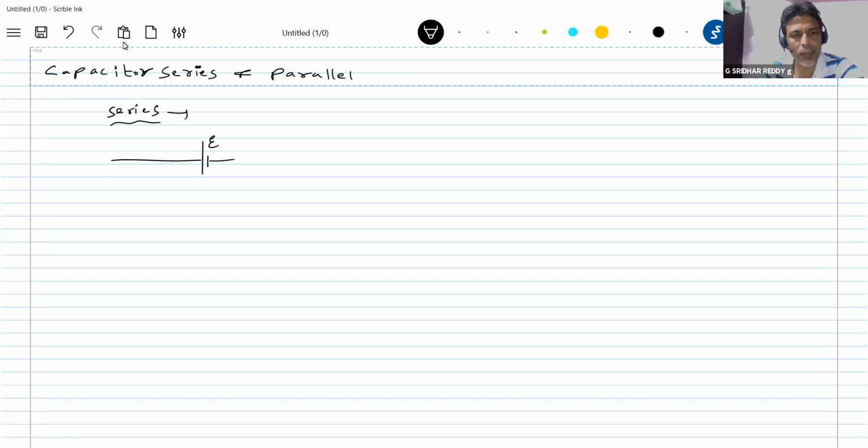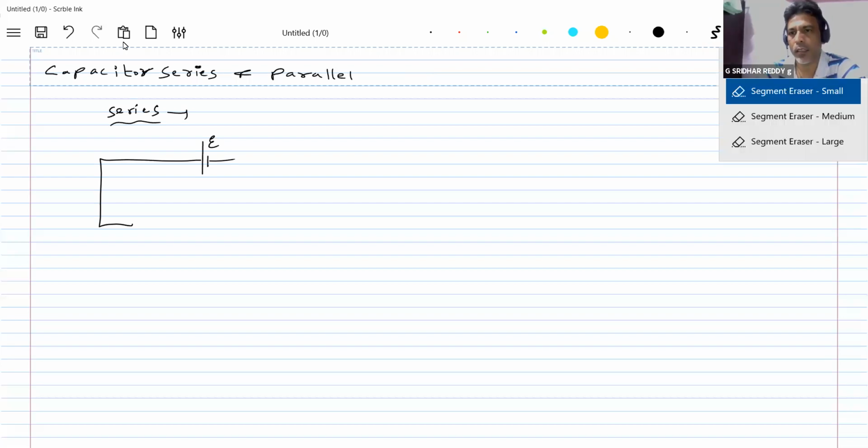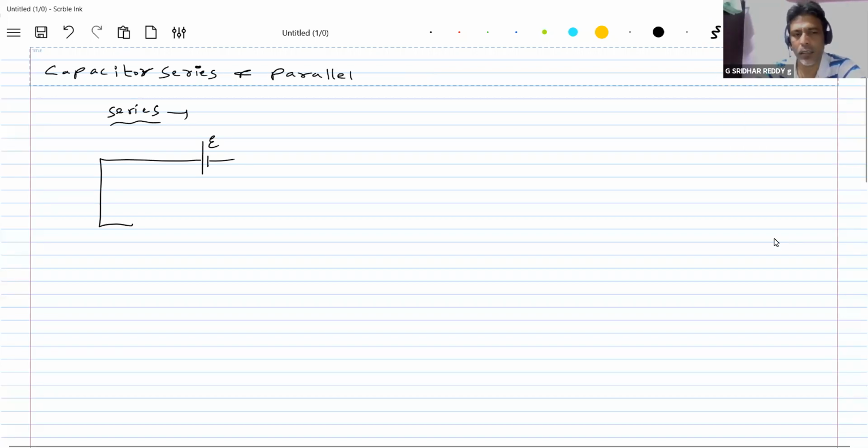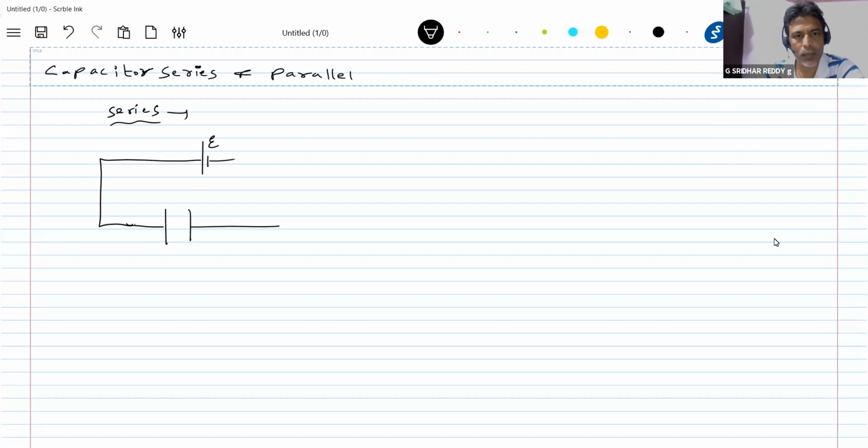Okay, this is a cell of EMF, and a capacitor now. So there's a capacitance C1, C2. Now the positive charge from here will flow, plus Q charge.